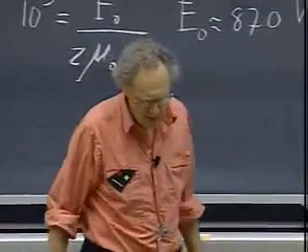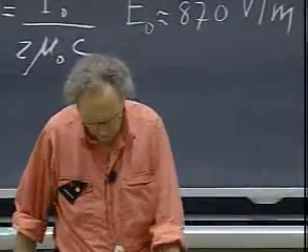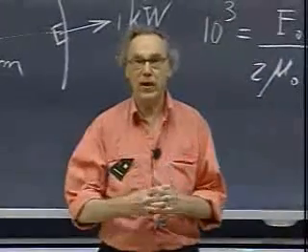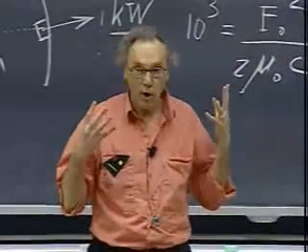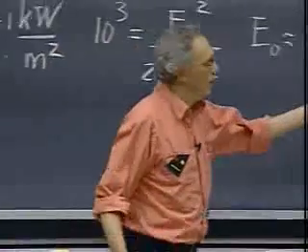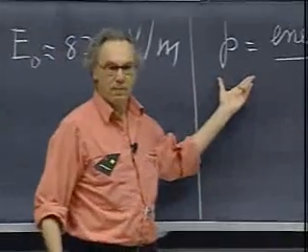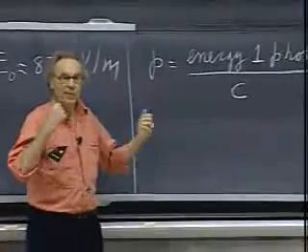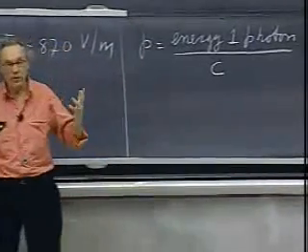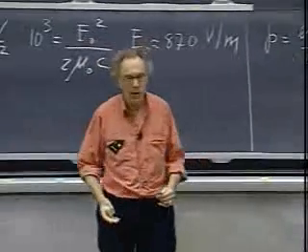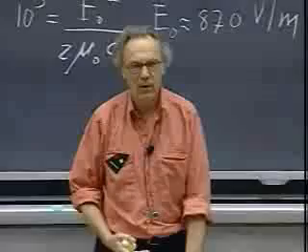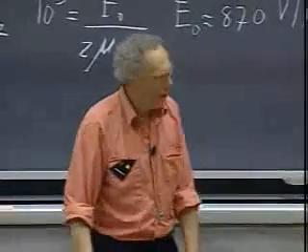And now if I shoot many photons at a target, and these photons are absorbed by that target, then the target will experience a force. Because if the photons carry momentum, photon, photon, photon, photon, photon, I feel a force. You remember from 801, a force is dP/dt, is the transfer of momentum.